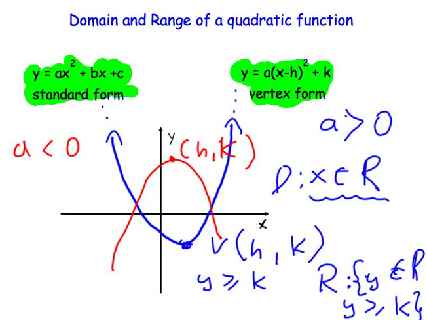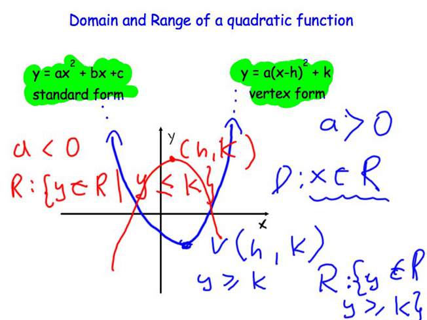The domain is still the same, no restrictions. But the range for this type of function will consist of real values. So y is an element of R such that y is less or equal to k.